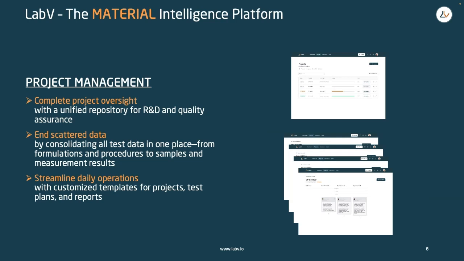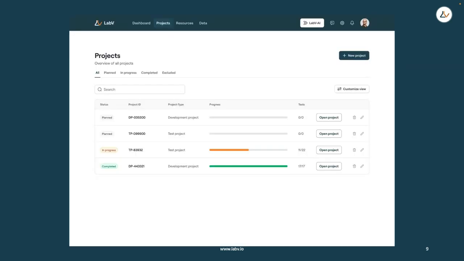How does it look like? You're probably interested in seeing the actual implementation of the software. So here is an example of the project overview. What do we see here? I was telling you there is a central place where everything is unified in one repository. Well, basically that's it here. You can see you have different status for the projects.